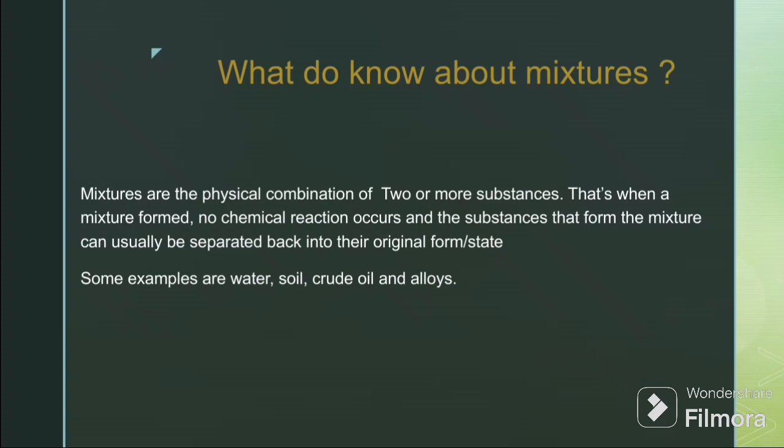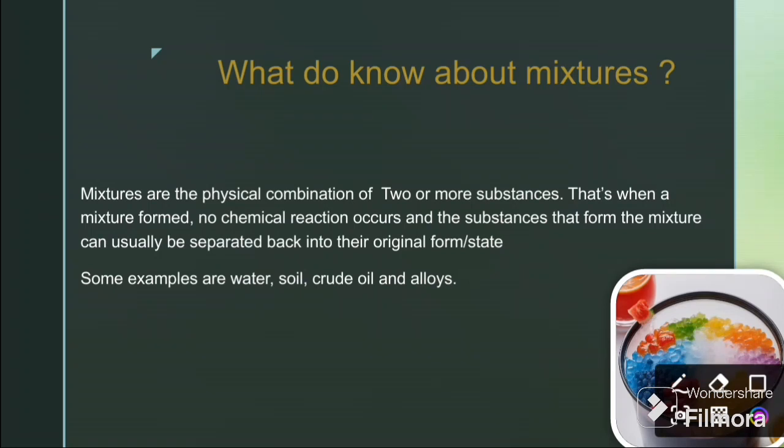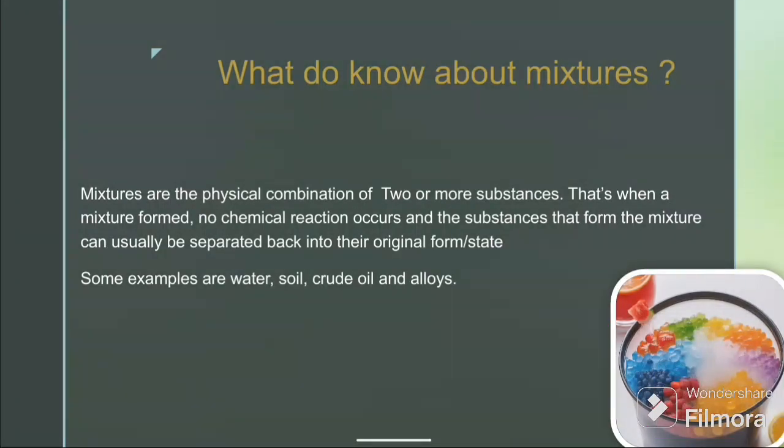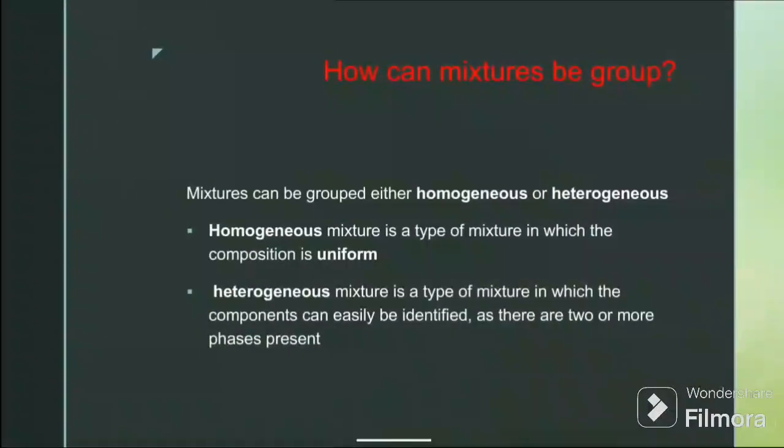So this is a form of mixture. This one here is a form of mixture. You can see it's containing many colors: we have red, blue, yellow, white, and we have purple over there. Okay, so let's move on.